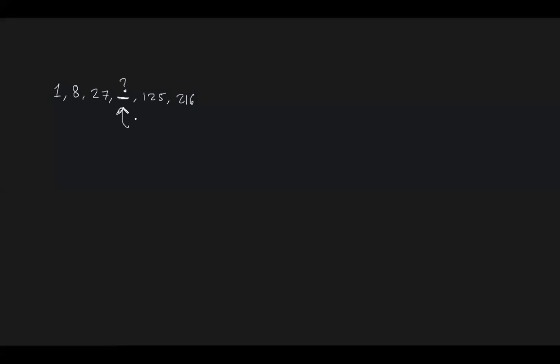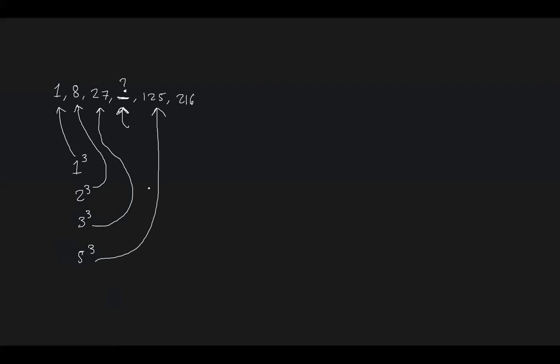First, we need to analyze the order and the pattern. As you can see, the given list of numbers are all in cube form. So let me rewrite it this way. 1 raised to 3 is equal to 1, right? 2 raised to 3 is equal to 8. 3 raised to 3 is equal to 27. 5 raised to 3 is 125.